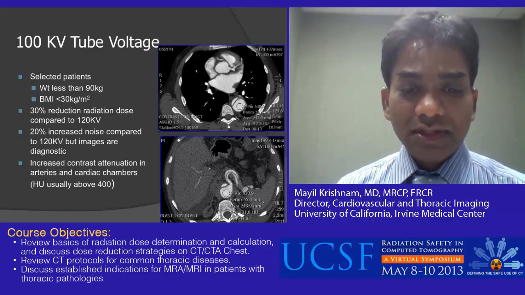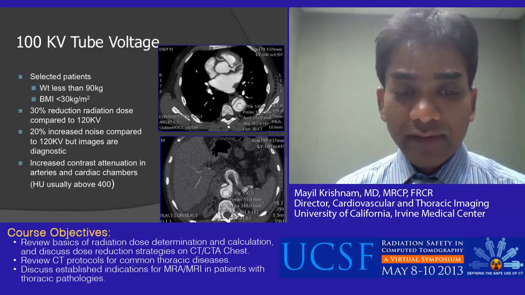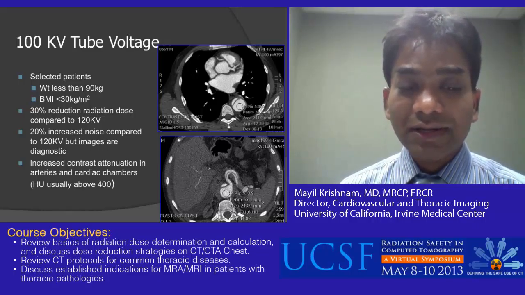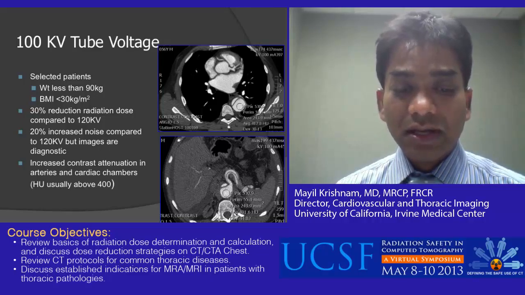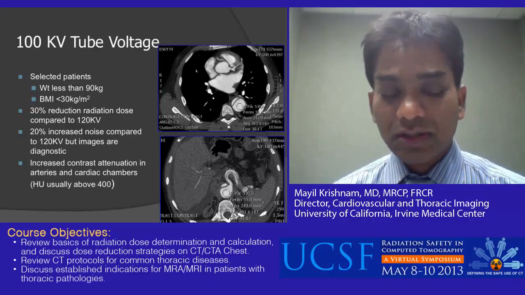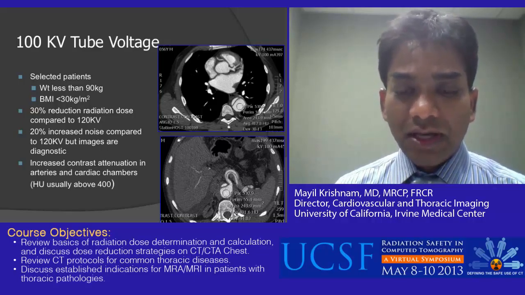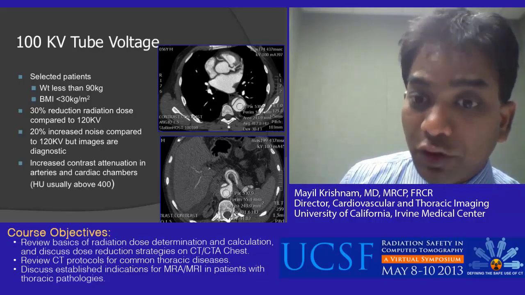There is a 30% reduction in radiation dose compared to the 120 kV technique. However, with 100 kV there is 20% increased noise on the images, but images are generally diagnostic. There is increased contrast attenuation in arteries and cardiac chambers, and usually the Hounsfield unit is more than 400.